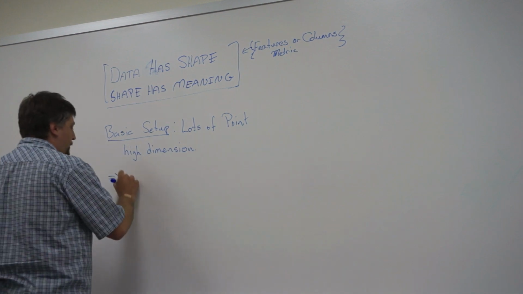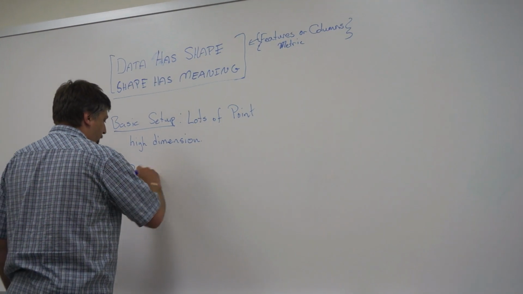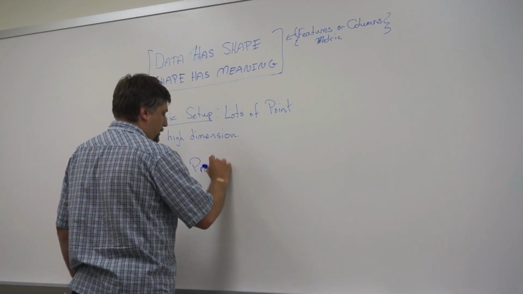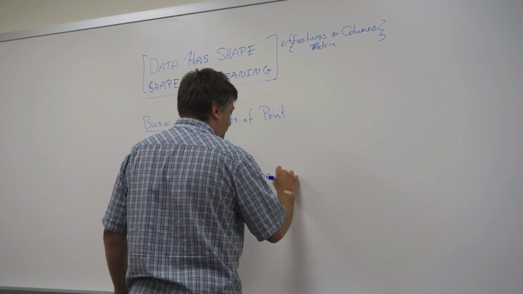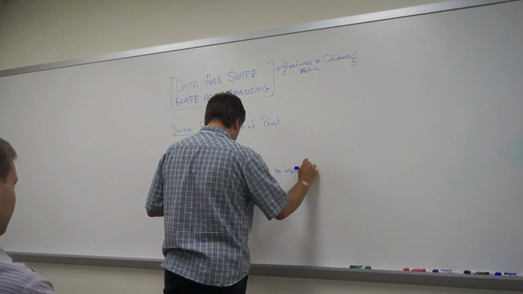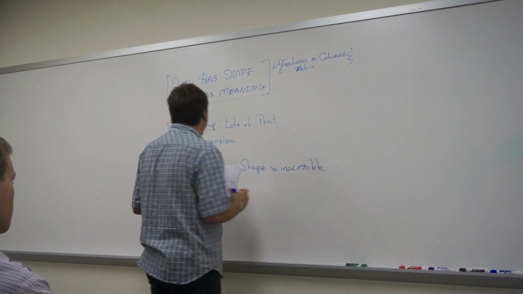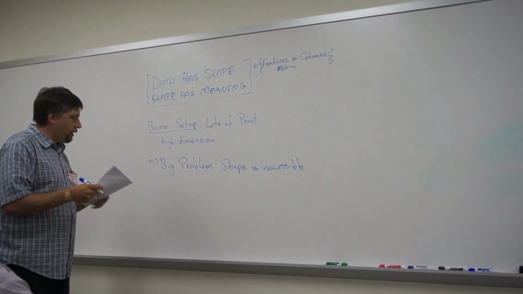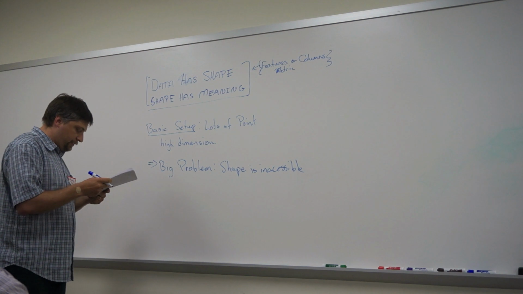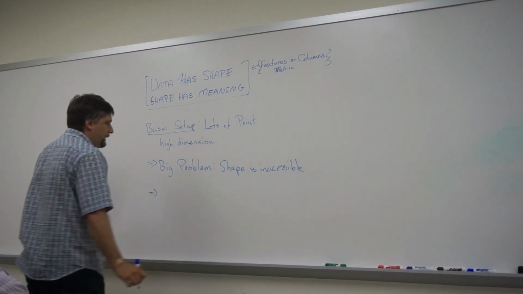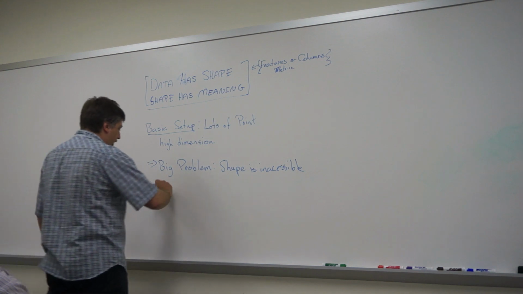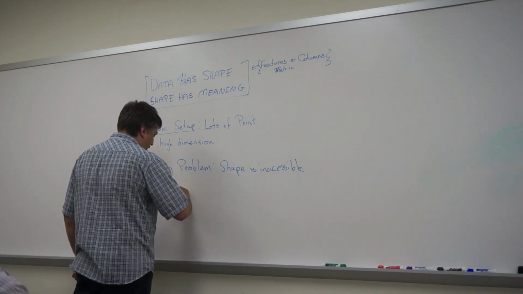So the big problem is that the shape is inaccessible. That comes from several factors: too many points, or the dimension is too high for us to visualize. Another way of thinking about inaccessibility is that there are too many stories in our data.